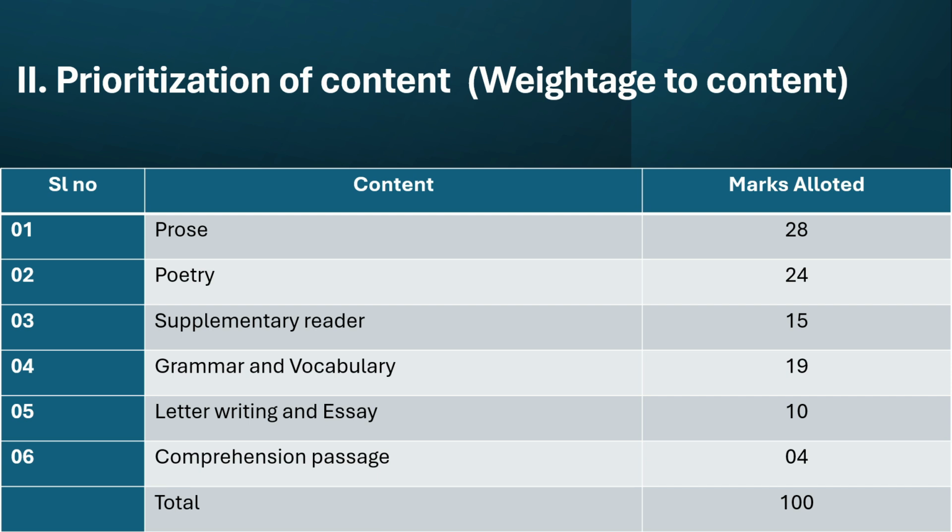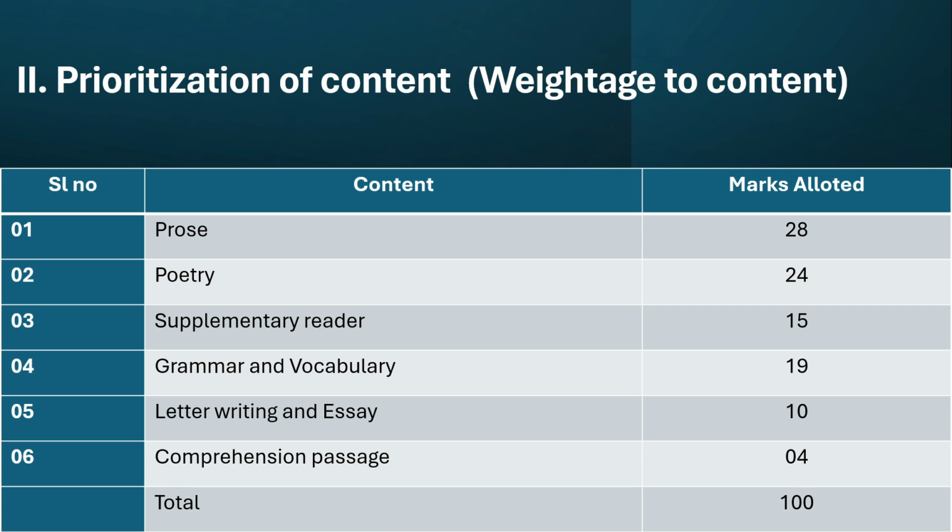For prose, you will score 28 marks, poetry 24, supplementary reader 15 marks, grammar and vocabulary 19 marks, letter writing and essay writing 10 marks, comprehension passage 4 marks. In total, you have 100 marks. So this is something we'll have to know. Each student should understand that prioritization of content is very important before they prepare for their examination.